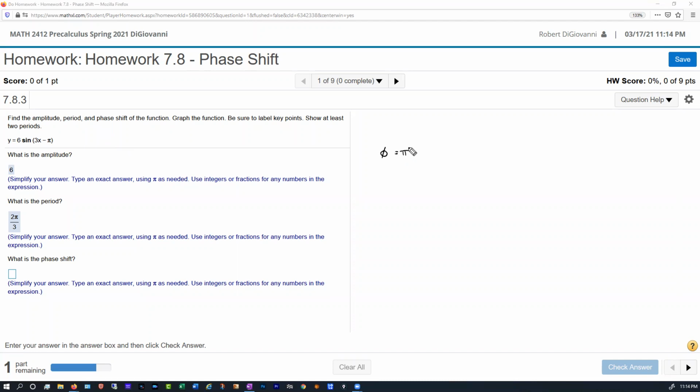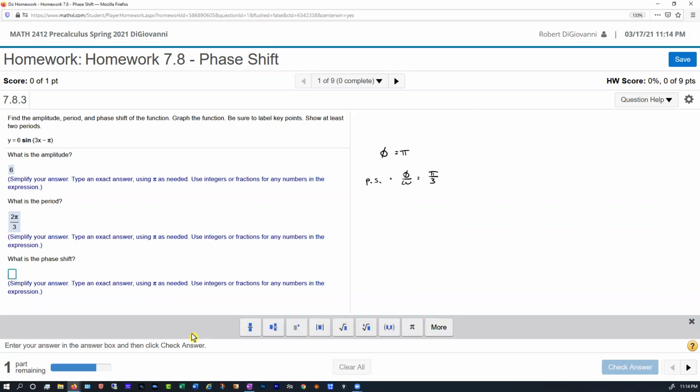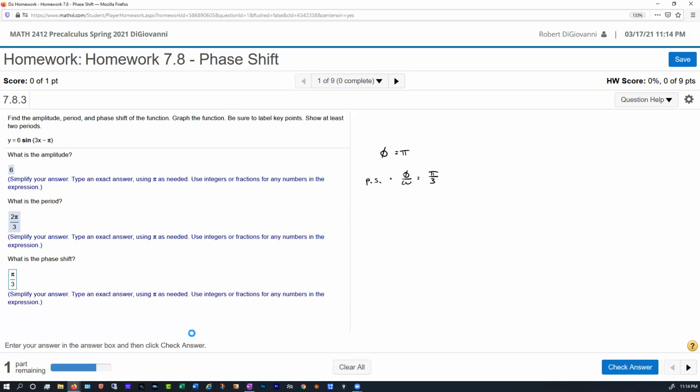And so the phase shift is going to be phi over omega. Omega here is 3, so we got pi over 3. Omega is the number in front of x there. Yeah, cool. If I type pi, it'll do pi over 3.